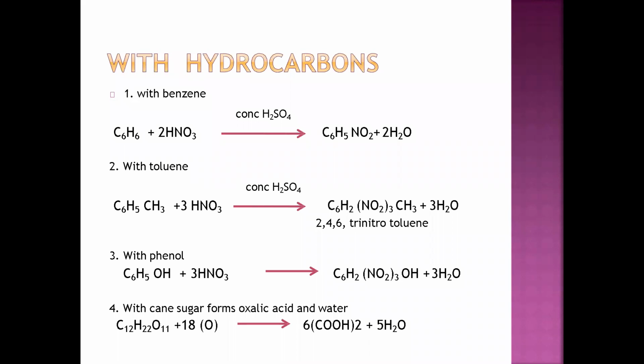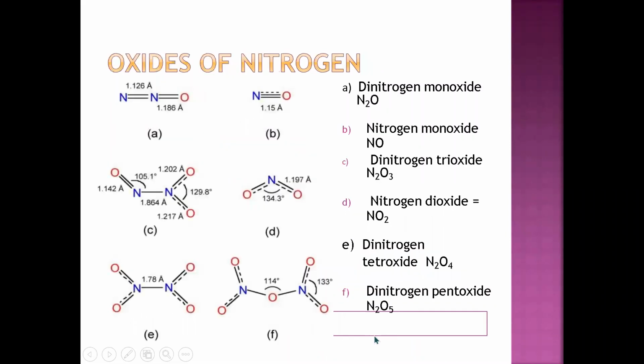When we react it with phenol, phenol means an OH group attached to the benzene ring. C6H5OH plus HNO3 gives C6H2(NO2)3OH plus 3H2O. With sugarcane it forms oxalic acid and water. And when you react it with sugarcane, it gives 6 (COOH)2 plus 5 H2O.